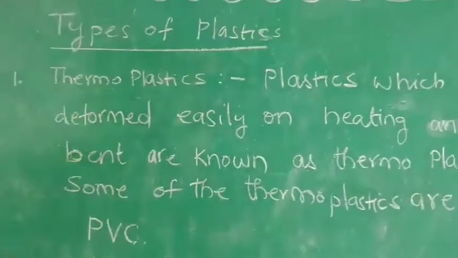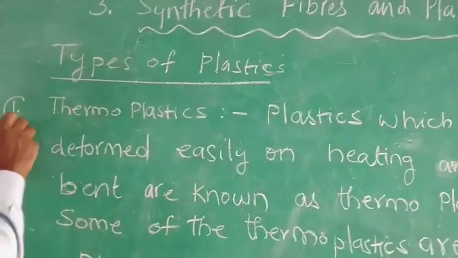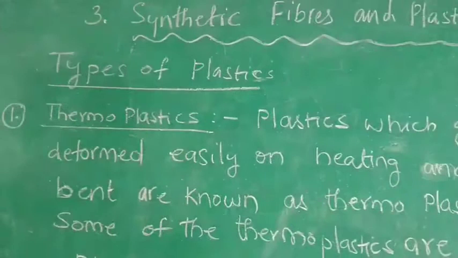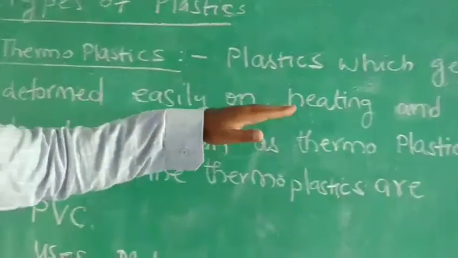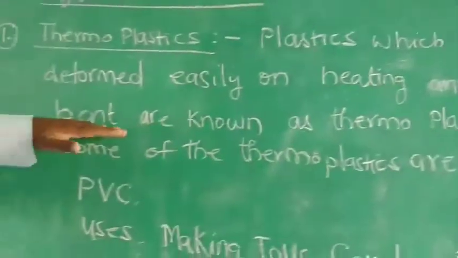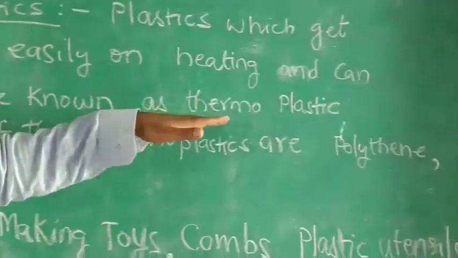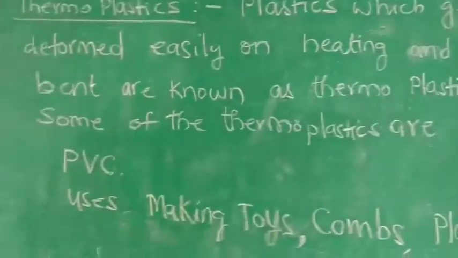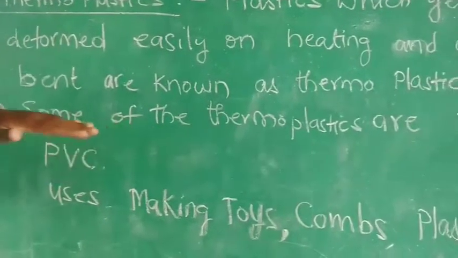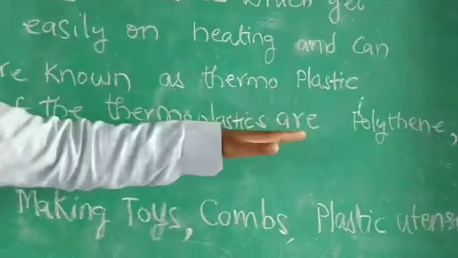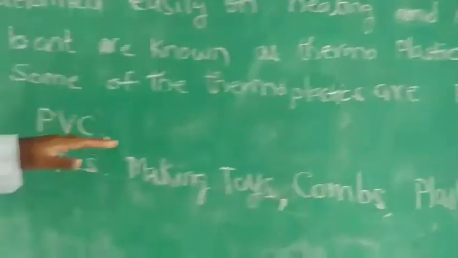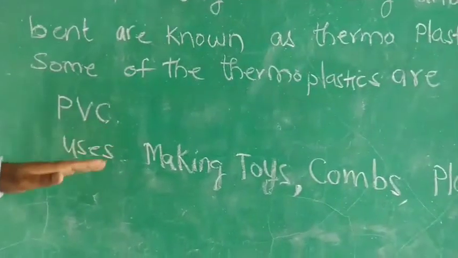You see children, thermoplastics. What is a thermoplastic? The plastics which get deformed easily on heating and can be bent are known as thermoplastic. These are examples. Some of these thermoplastics are polythene and polyvinyl chloride, PVC.